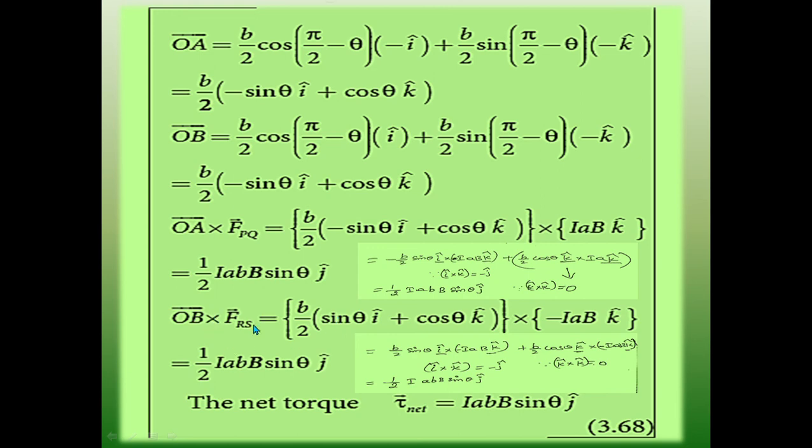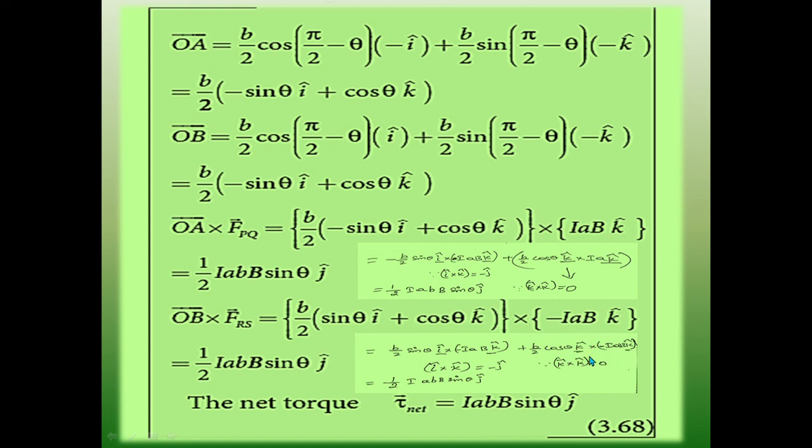The next side, OB vector cross F_RS vector. OB is b by 2 sin theta i cap plus cos theta k cap, cross minus IaB k cap. Multiplying these two terms, we obtain b by 2 sin theta i cap cross minus IaB k cap, plus b by 2 cos theta k cap into minus IaB k cap.